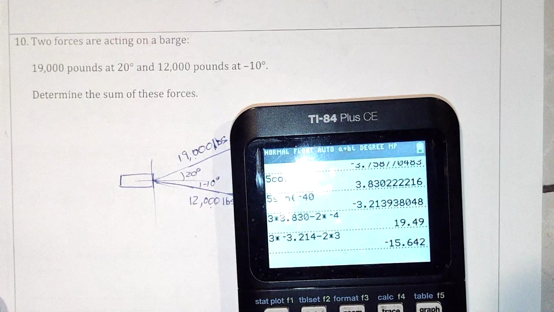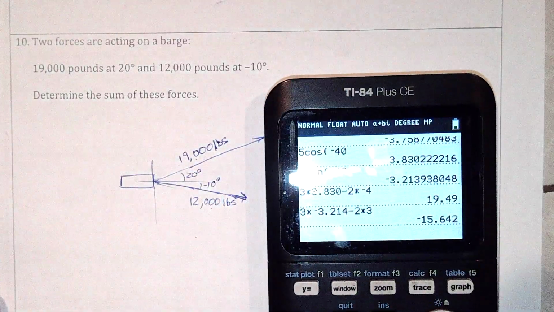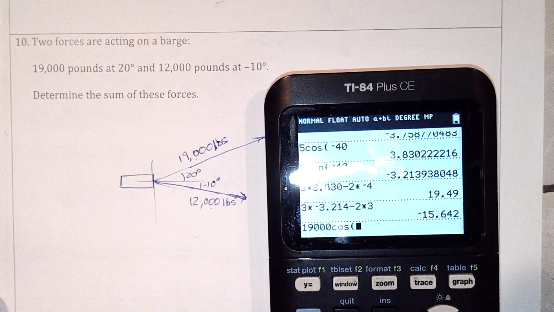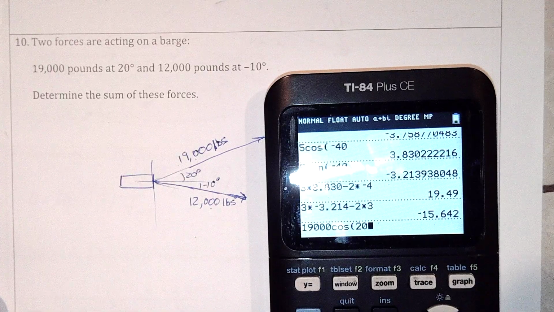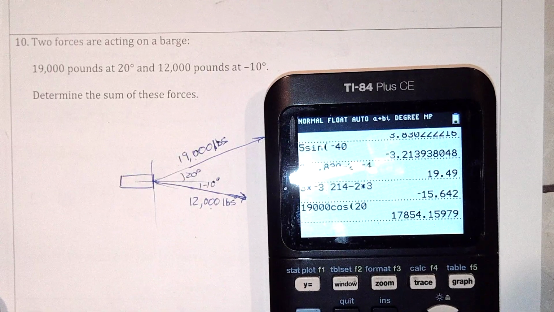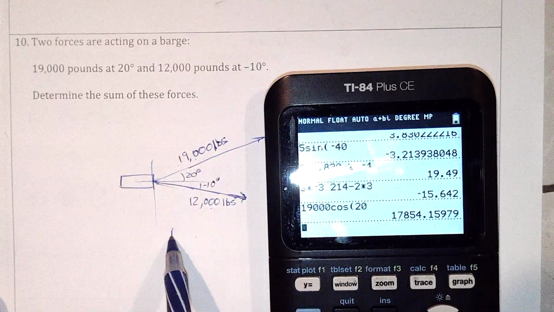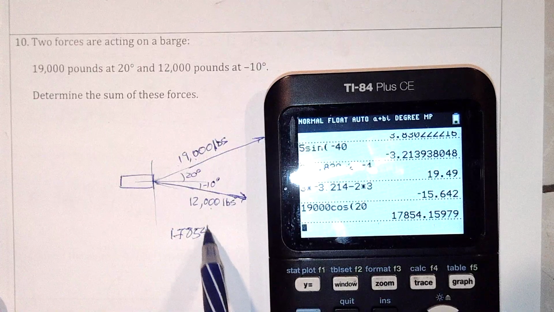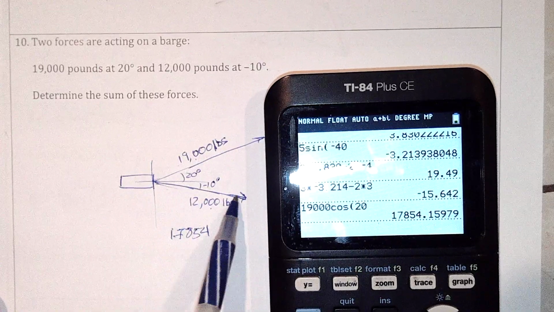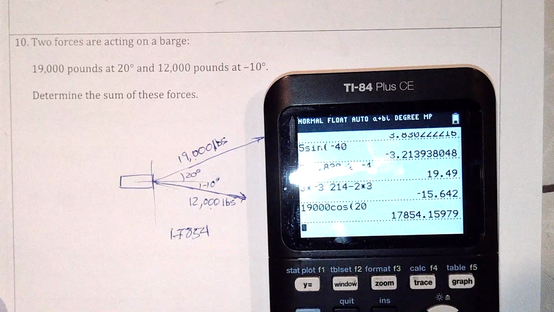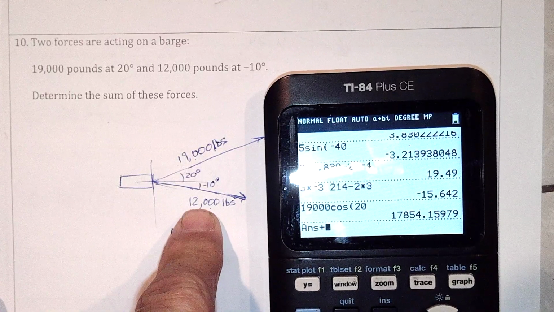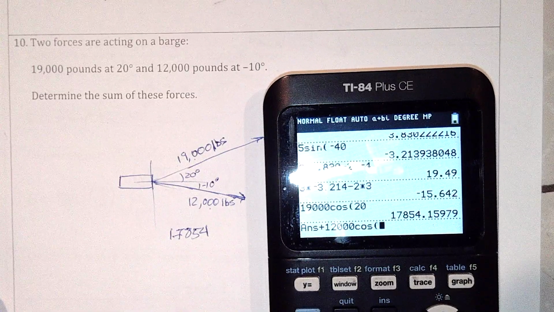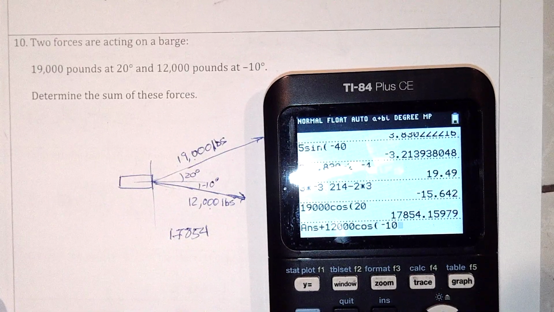So I'm going to take the first one, the 19,000 pounds of force, cosine of 20 degrees, and I get an x component of 17,854, and I want to add it to the x component of this one, so I'm just going to go plus the x component of this is going to be 12,000 cosine of negative 10.